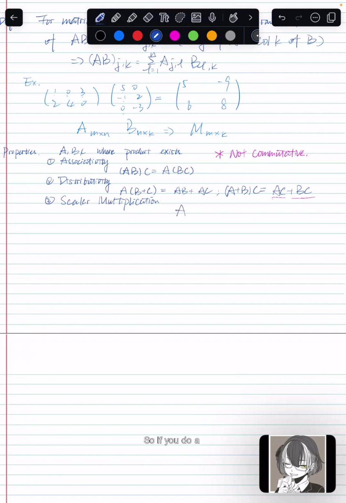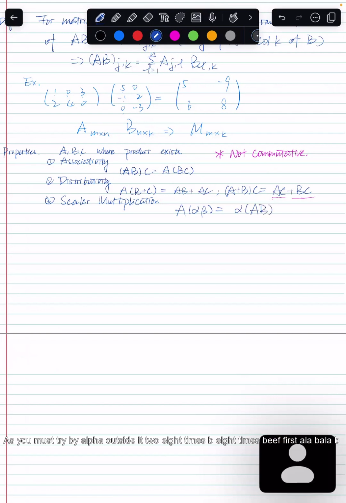So if you do A multiplied by alpha beta, it's the same thing as you multiply by alpha outside. You do A times B first, then alpha beta, alpha B.